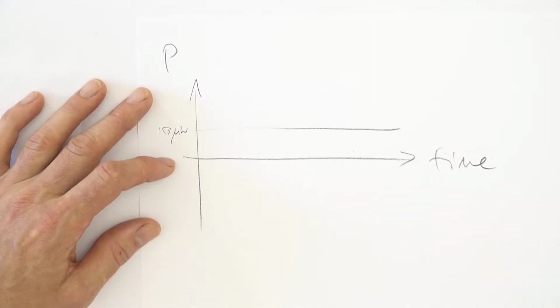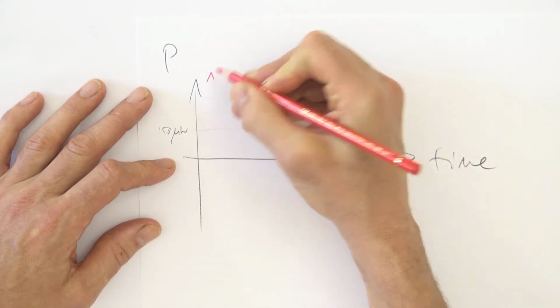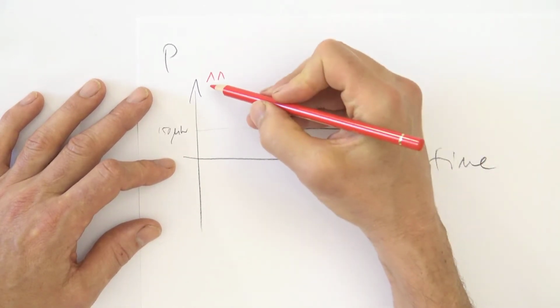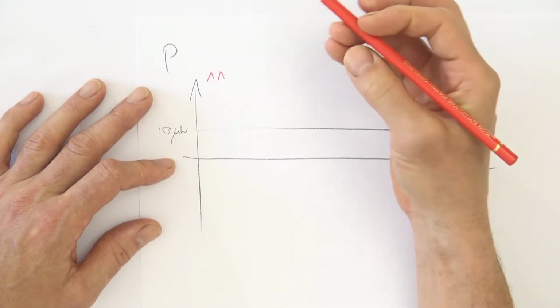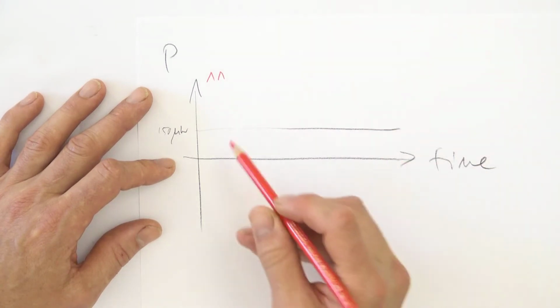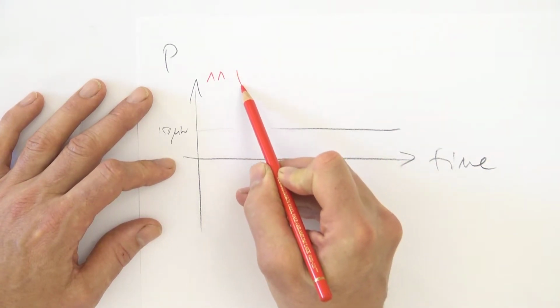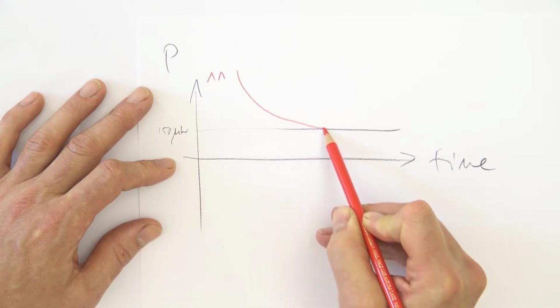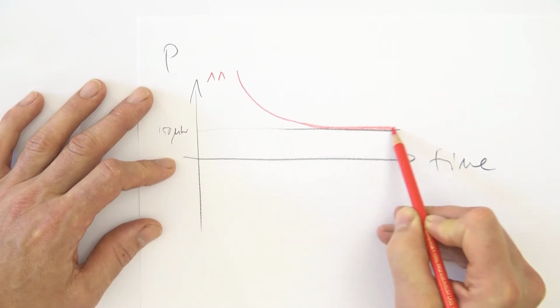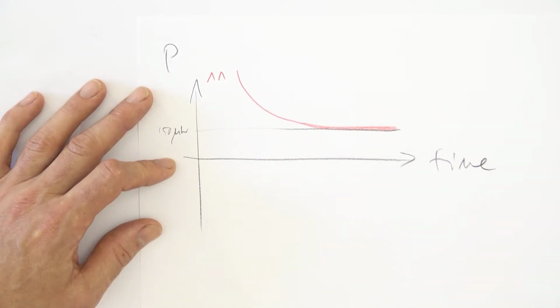Now if the vial that we put into the calorimeter is warmer than the calorimeter, we will generate apparent very high thermal powers, which means that we actually go out of range for some time. And then we go in range and we can start measuring still high values, and then this will decrease, and the decrease will be exponential, and it will end up at the thermal power of the insect after some time.